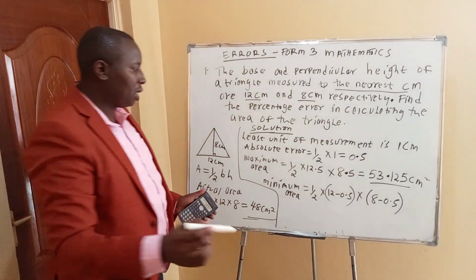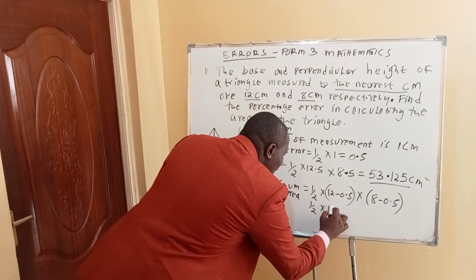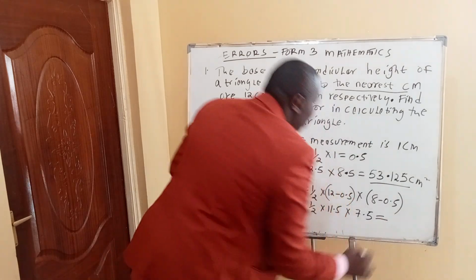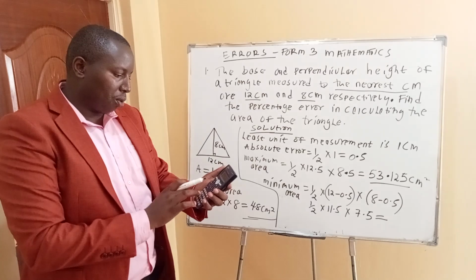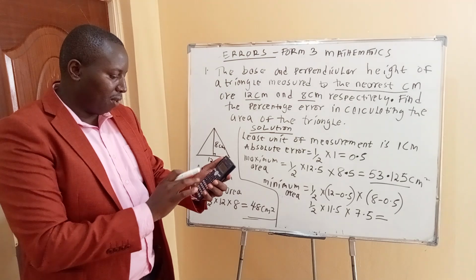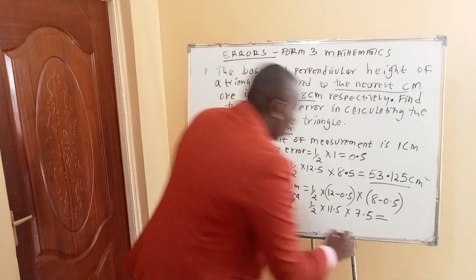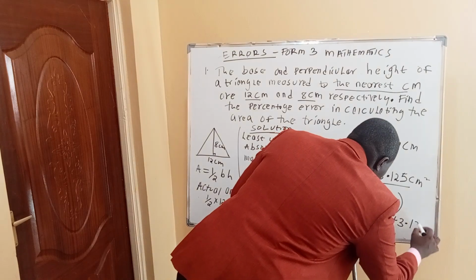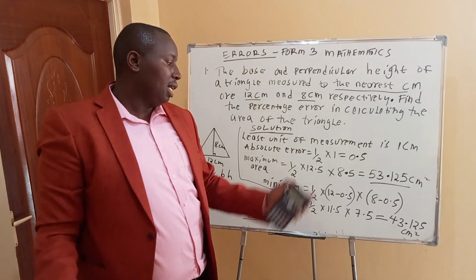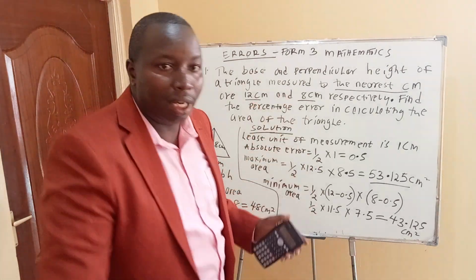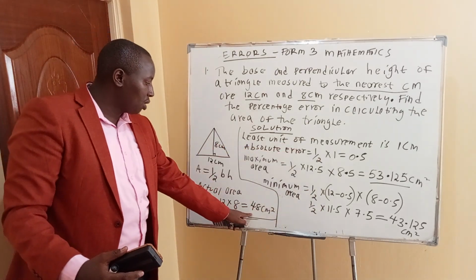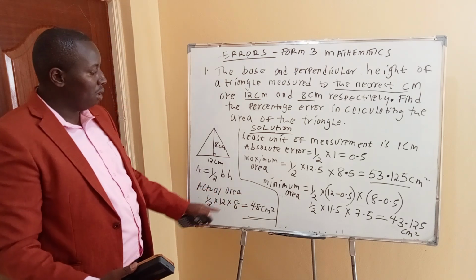That gives a half times 11.5 times 7.5. Take your calculator, you get 43.125 centimeters squared. That is the minimum, and that's the maximum. Then you have the actual area.